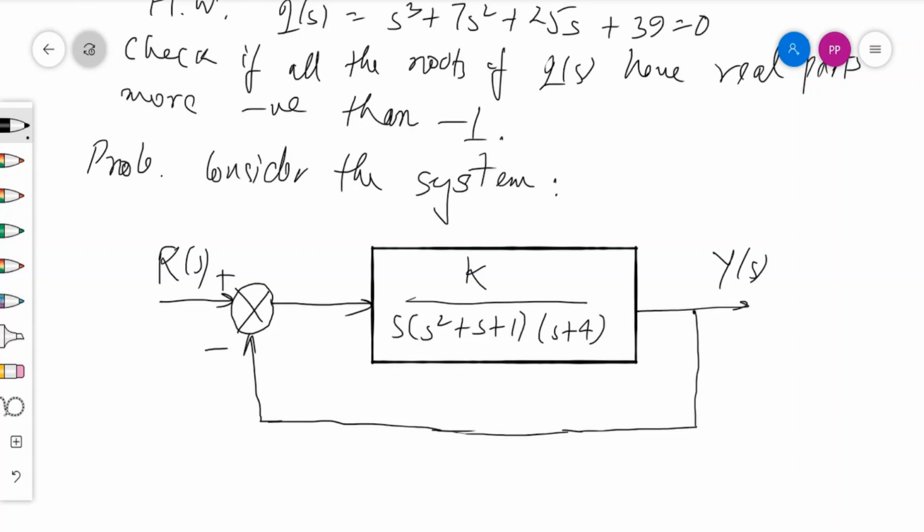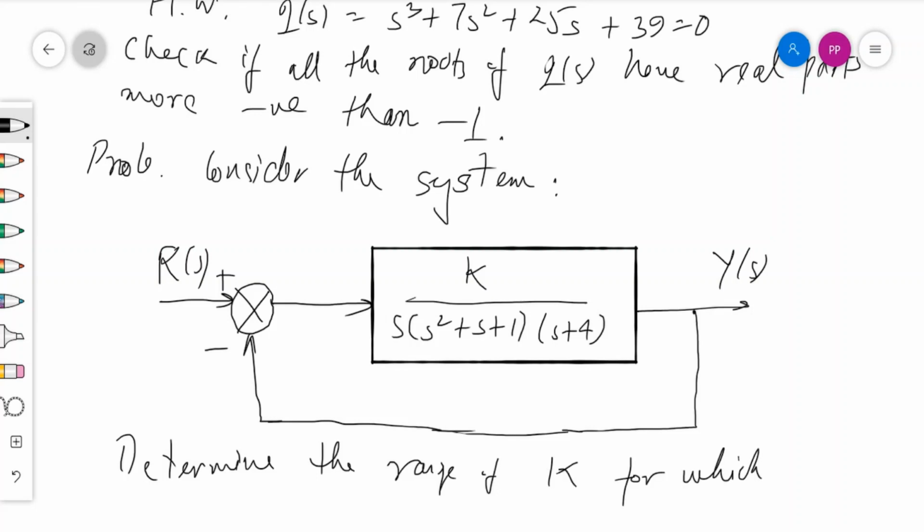For this system you have to determine the range of k for which the system is stable. You can try these problems, and in most situations we can handle a variety of problems by the knowledge we acquired in these 3 lectures.